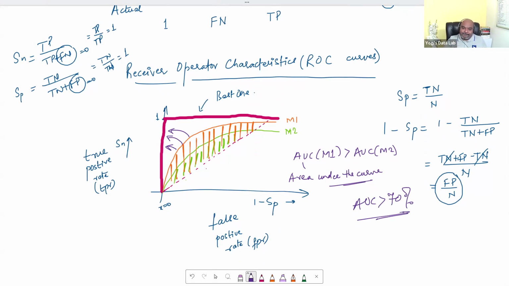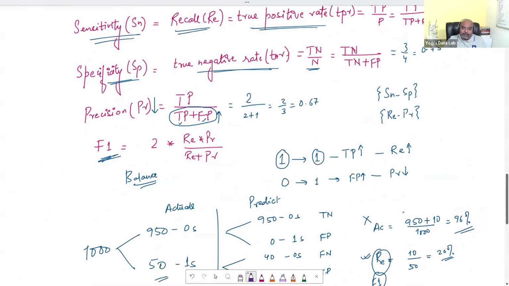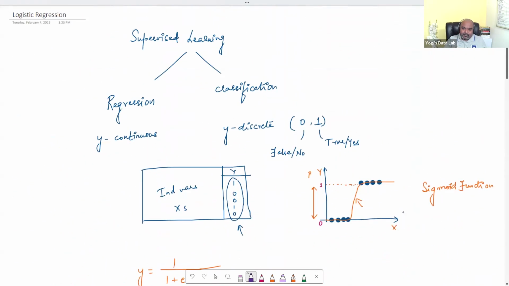Now, let's go back to the basics. We started from here. We said that we are predicting probability. Probability will lie between 0 to 1, can be 0.00001, can be 0.2146, can be 0.7132. But how do I know, based on this probability, whether I should represent my output as a 1 or a 0?